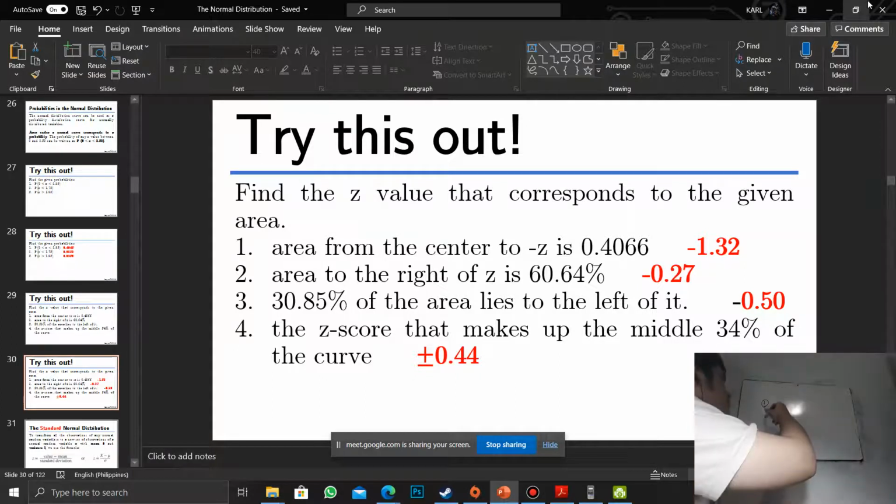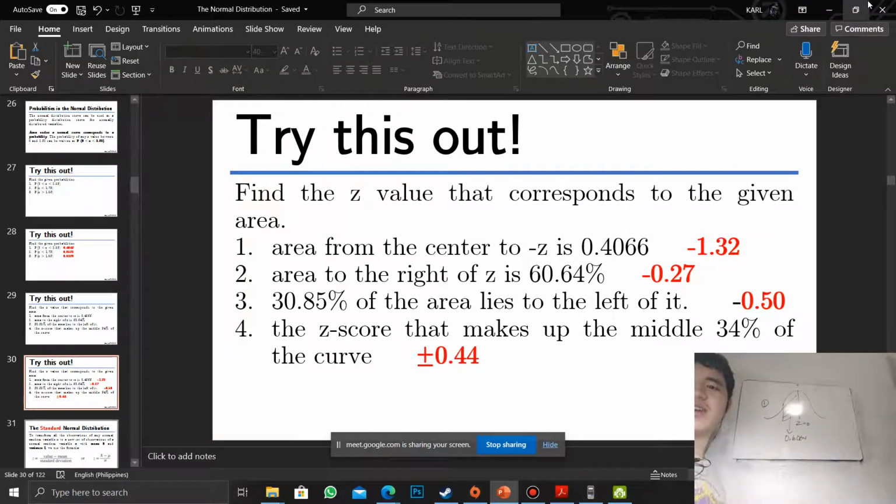Area from the center to negative z is 0.4066. Sinasabi, diba? Ito yung standard. Ang area daw dito, ay sorry, 0.4066. Diba sabi?